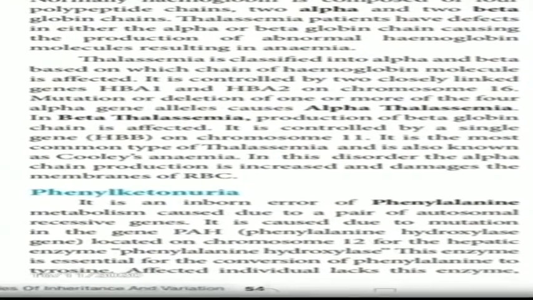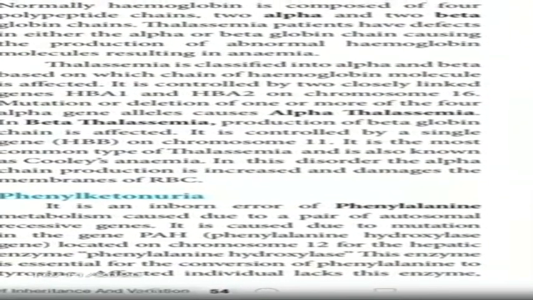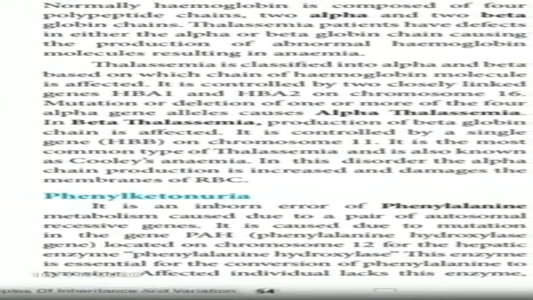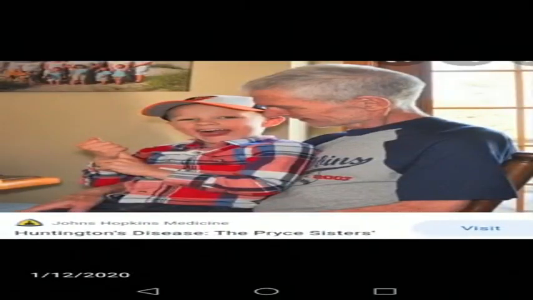It is controlled by a single gene called HBB on chromosome 11. They will ask you: alpha thalassemia is located on chromosome 16, as HbA1 and HbA2, whereas beta thalassemia is on chromosome 11, a single gene, HBB.